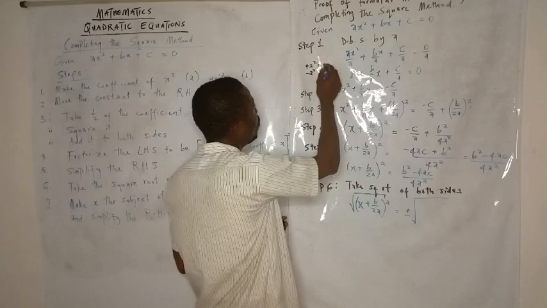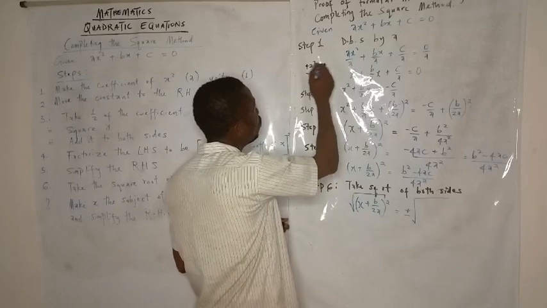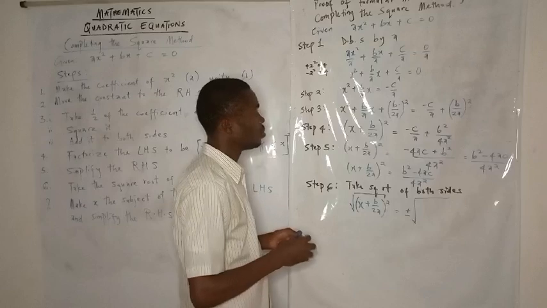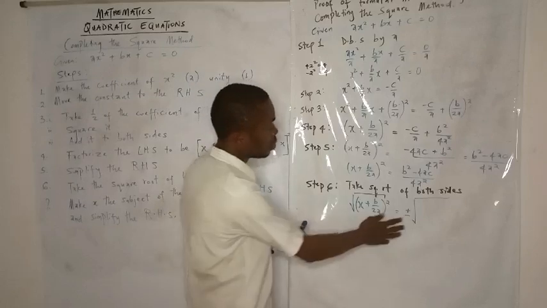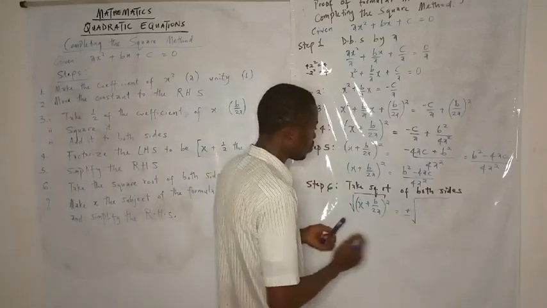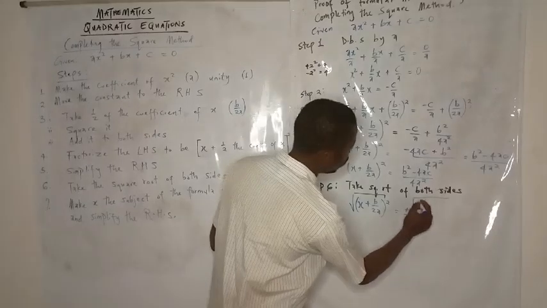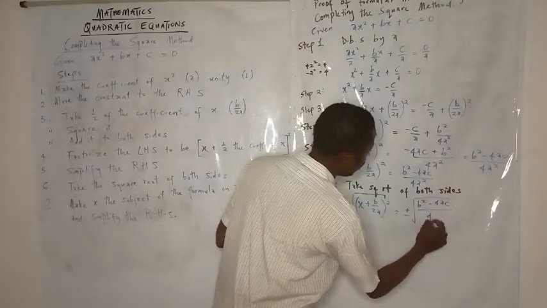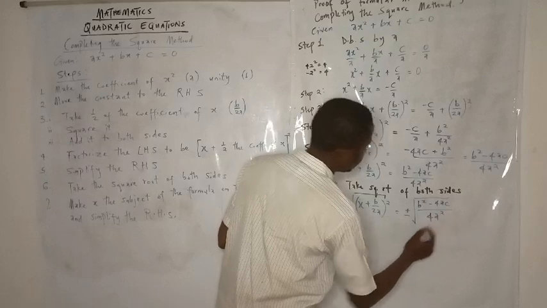So the square root of 4 will be equal to plus or minus 2. That's why we have it to be this, and then this will be plus or minus square root of b squared minus 4ac all over 4a squared.